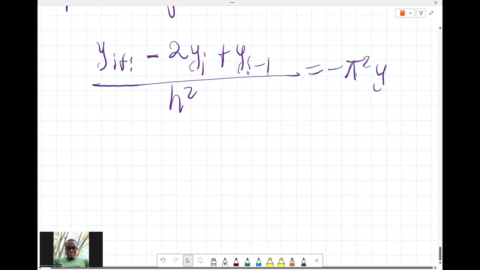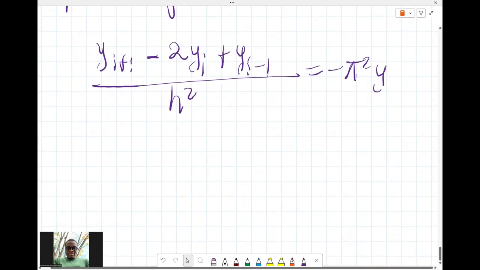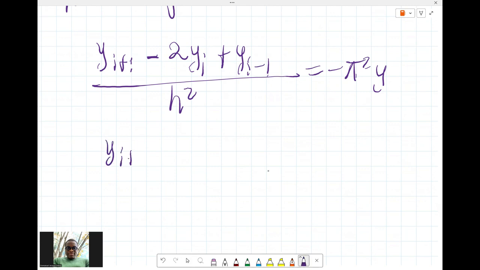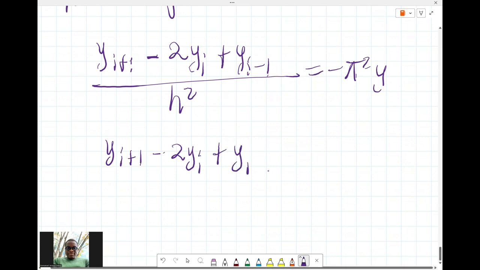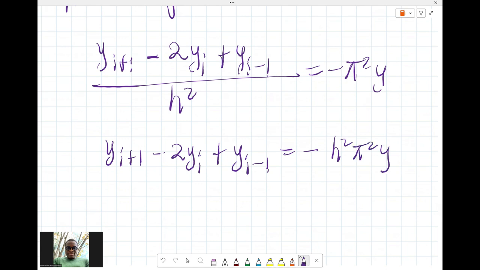So we can rearrange this just like we did the other time. So now we have y_{i+1} minus 2y_i plus y_{i-1} equals minus h squared pi squared y.